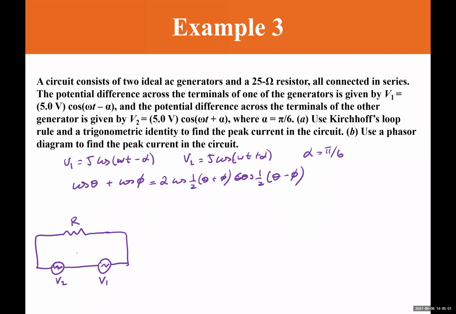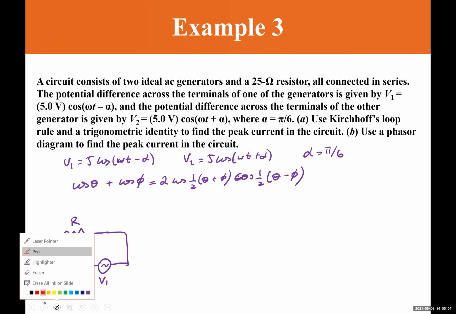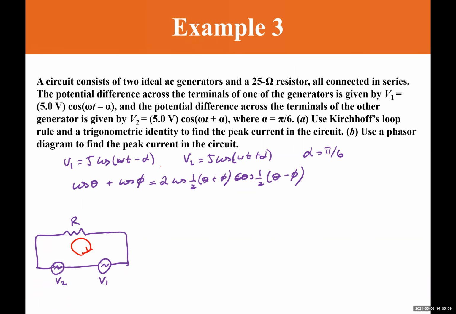Now if I have my loop like this, that gives me the equation delta V1 plus delta V2 plus delta V R equals 0. It ends up being V1 plus V2 minus I times R equals 0.